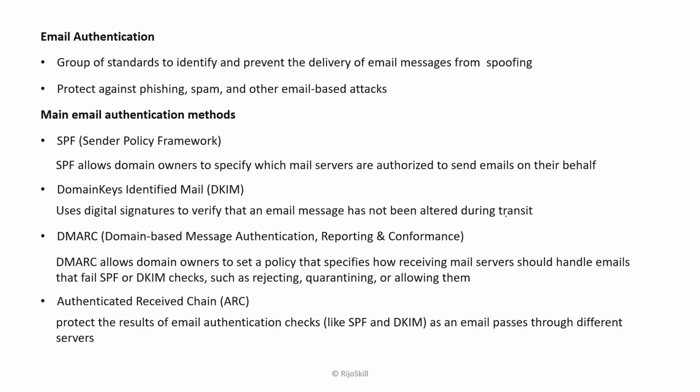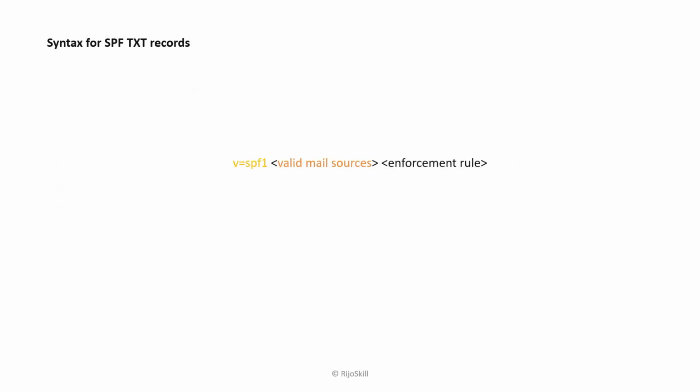Once you send the email, the receiver server receives it, then forwards it to another server, passing through different servers. At this time they are not allowed to alter your email. So ARC assures that your email is not altered when it passes through different servers. Now we will discuss the syntax for the SPF TXT record.